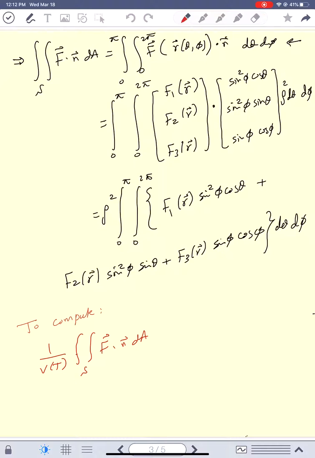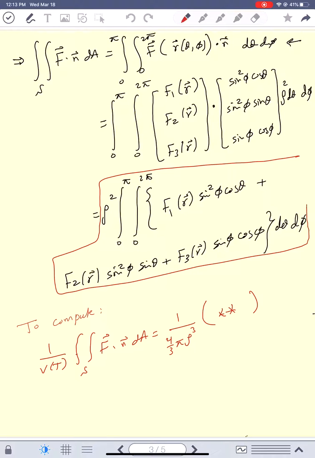What is the volume of the sphere? It's 4 over 3 pi rho cubed, right? Times the surface integral, so times something, which is exactly this quantity.